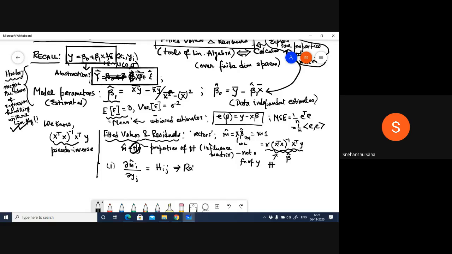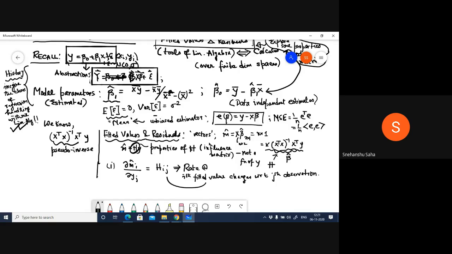So this measures the influence of that observation on the fitted value.